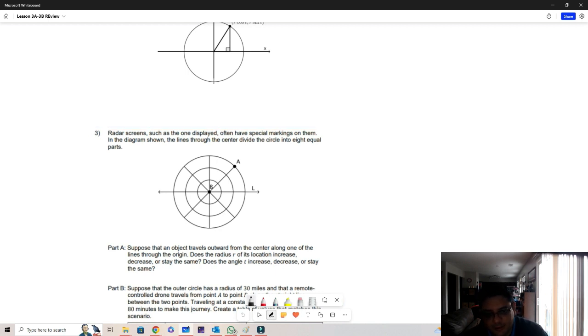Essentially, the only thing that you need to do is take 2 pi, which is the whole thing, and divide by 8. If you do that, you're going to get that this measure is pi over 4. And now, given that that is pi over 4, or 45 degrees, this other angle here is 45, and between each of the lines is a 45 degree angle.